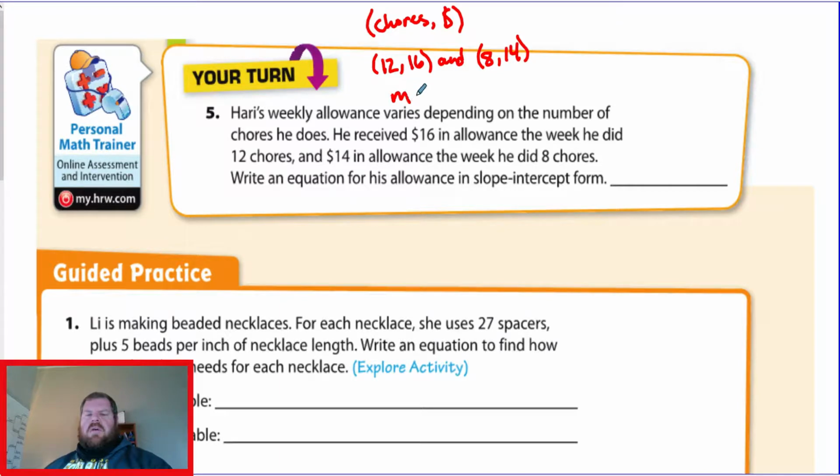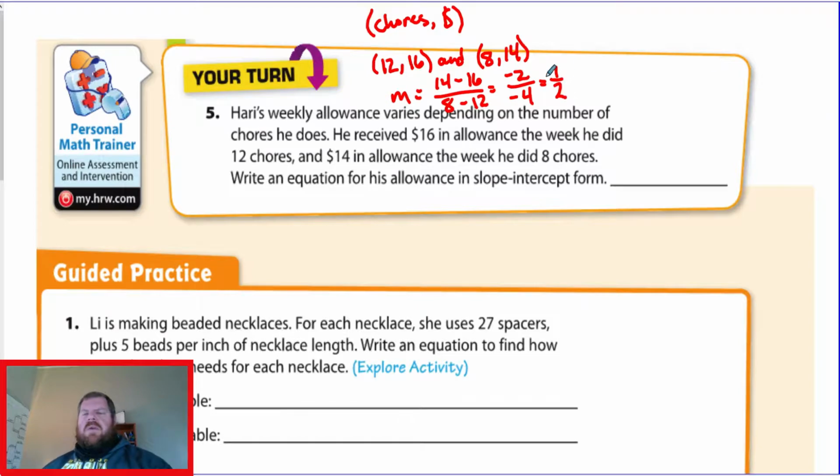So my slope is going to be 14 minus 16 over 8 minus 12. Okay, 14 minus 16 is negative 2. 8 minus 12 is negative 4. And so I get 1/2. That's what that reduces to. And a negative divided by a negative is a positive.